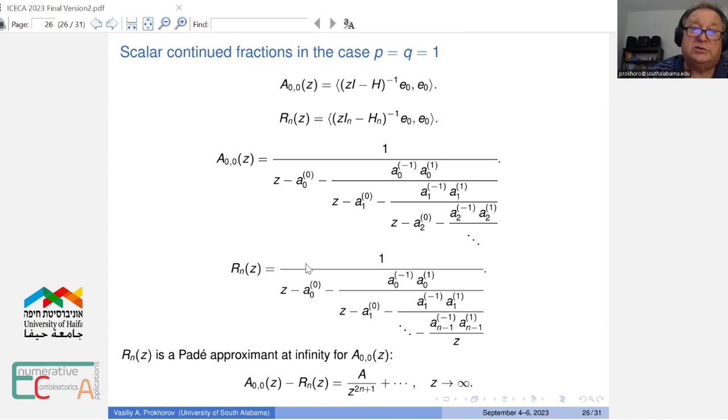What is important, first, is that this resolvent function is a convergent of the series A00. So this means this is a convergent, and also this rational function is a Padé approximation of the Laurent series A00. It means that in this case this rational function has 2n coefficients the same as the power series A00.